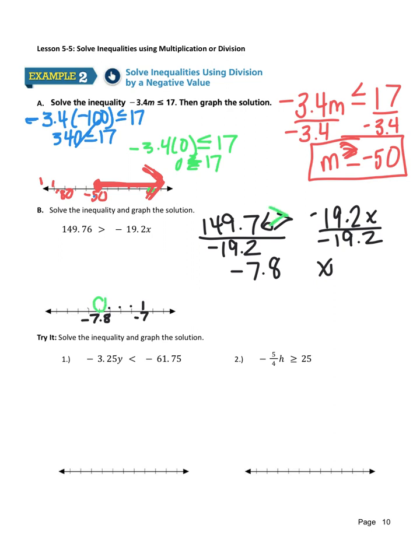Let's try something on the left, like negative 8. Again, I don't know what that is, but is 149.76 greater than negative 19.2 times negative 8? Let me ask Alexa.